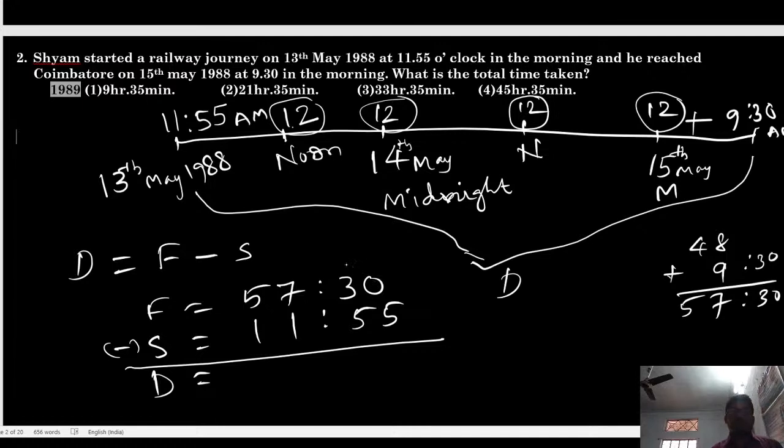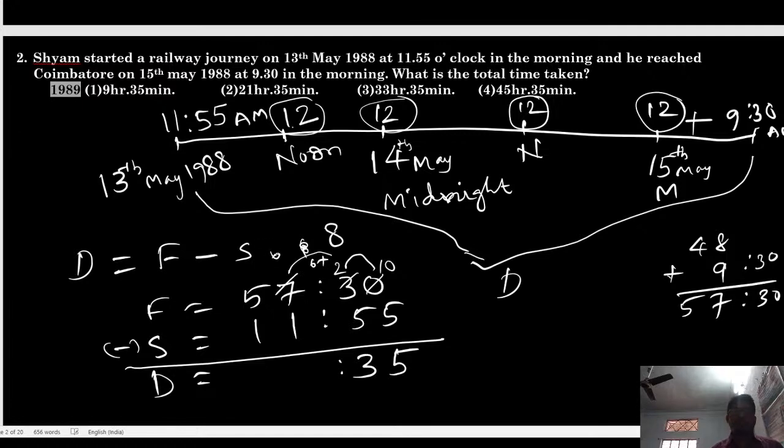Subtract. 10 minus 5 is 5. Taking borrow, 6 becomes 8 minus 5 is 3.